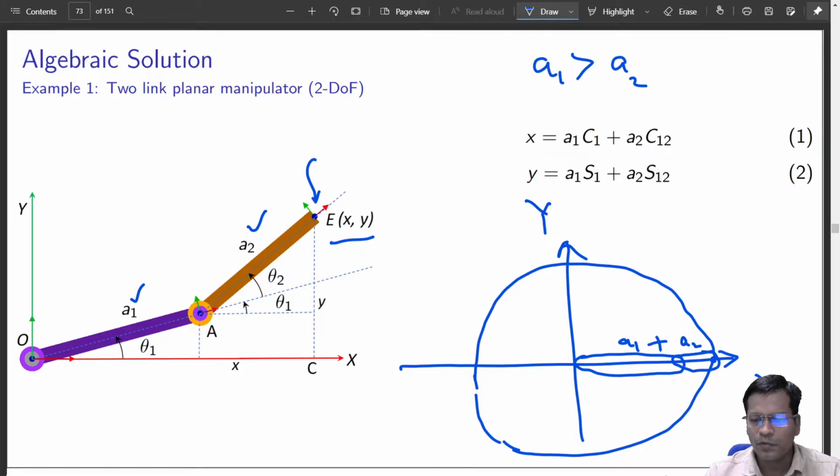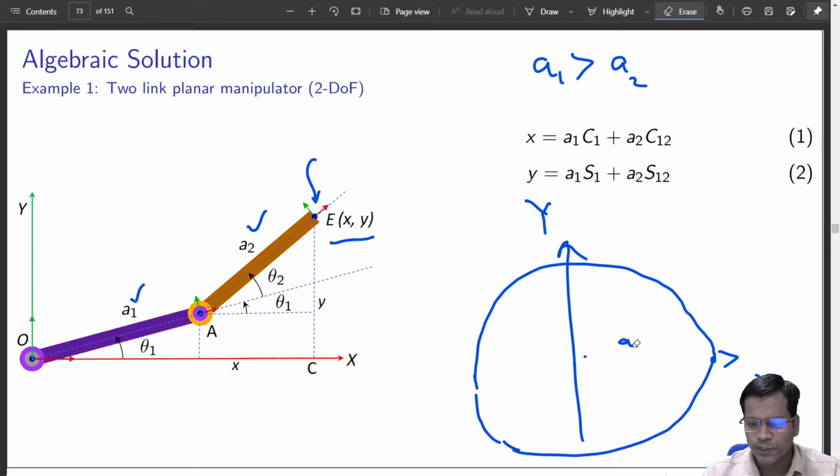And what is the minimum value which is possible? It will be somewhere in between, which is a1 minus a2. How? Let me draw it once again. The first link can go something like this, and the second link can be folded inward so that your end effector lies here.